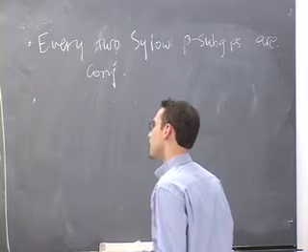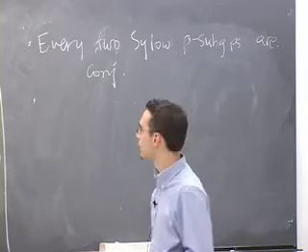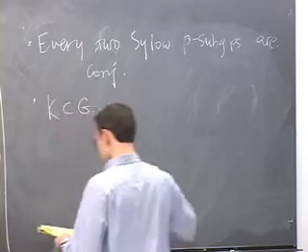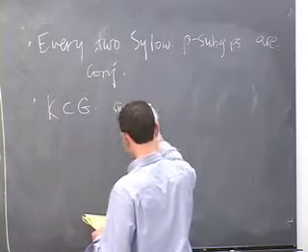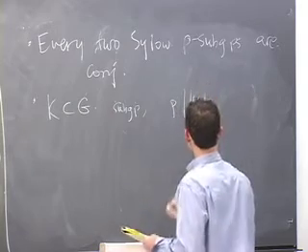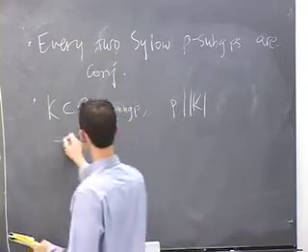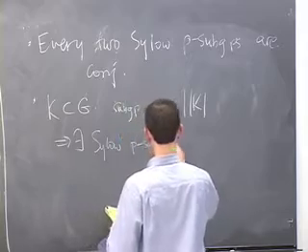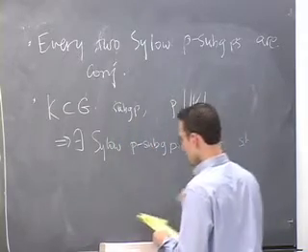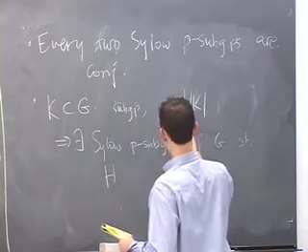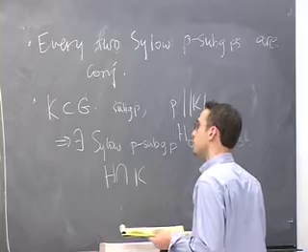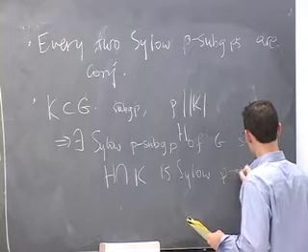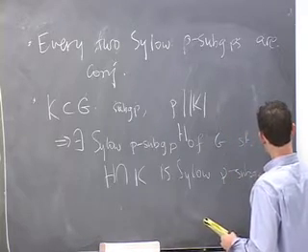And then one that doesn't get taken advantage of quite so often in basic applications, but can be useful in less basic applications, is that if I have a subgroup K of G with order divisible by p, then there is a Sylow p subgroup of G such that its intersection with this subgroup is a Sylow p subgroup of K.